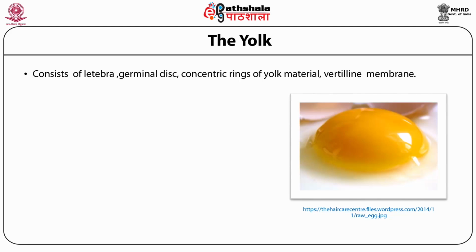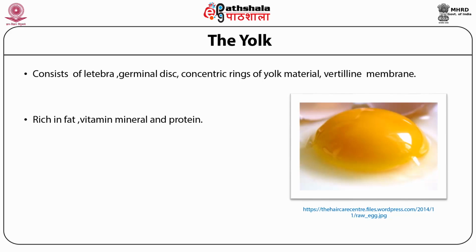The yolk constitutes approximately 31% of the total weight of the egg. The yolk consists of fats, vitamins, and minerals, together with about half of the egg's total protein content.